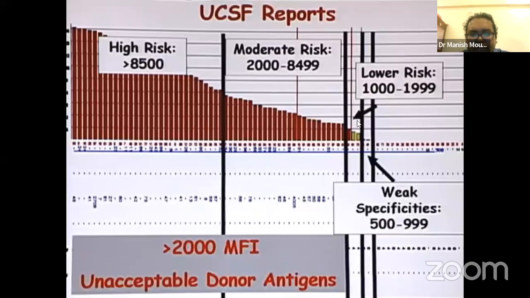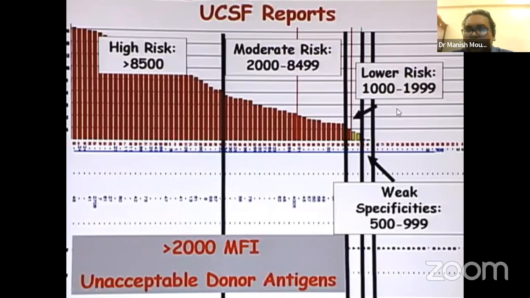Now if we look at this picture, the understanding is that the sensitivity of a virtual cross-match starts from 1000 MFI and goes to more than 10,000 to 14,000. Here the single antigen is lying.